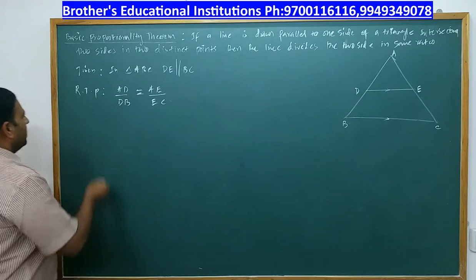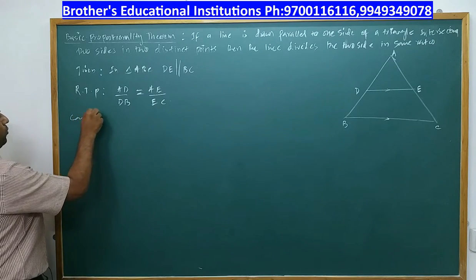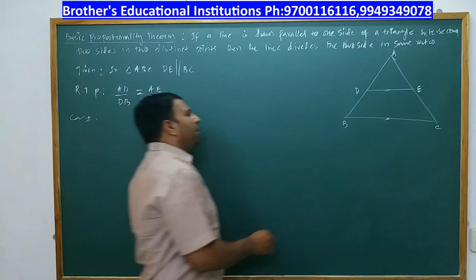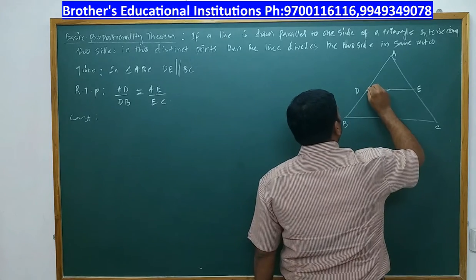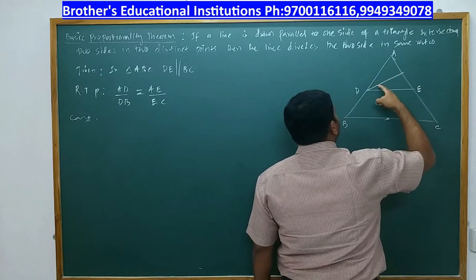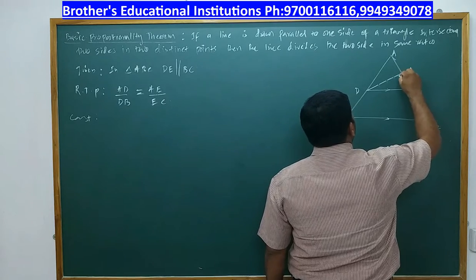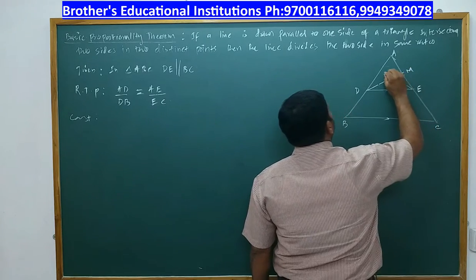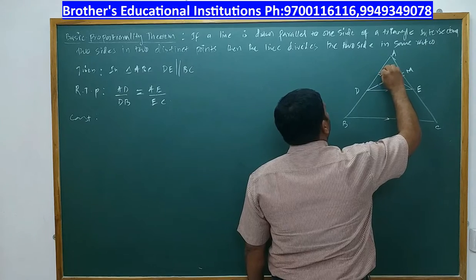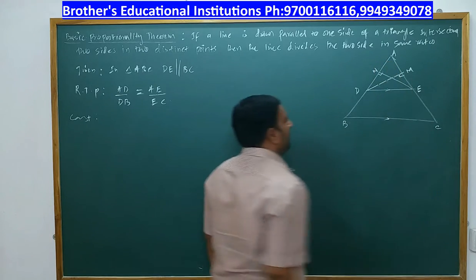How do I proceed? Now there is a little bit of construction which we need to do. I must draw a perpendicular, right? This is a construction. Try to express this using dotted lines. I will call this DM, perpendicular, and one more construction, I'll call this EN.